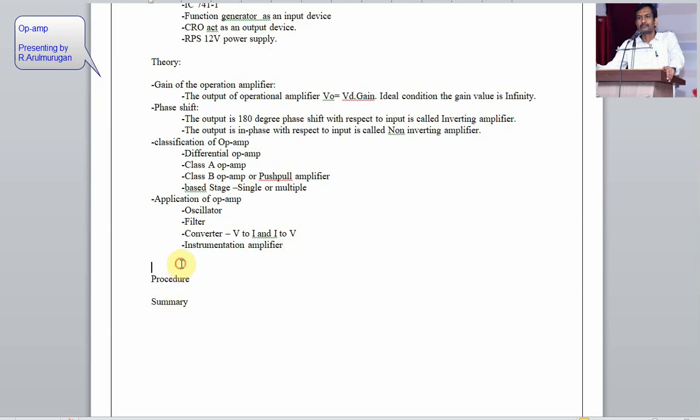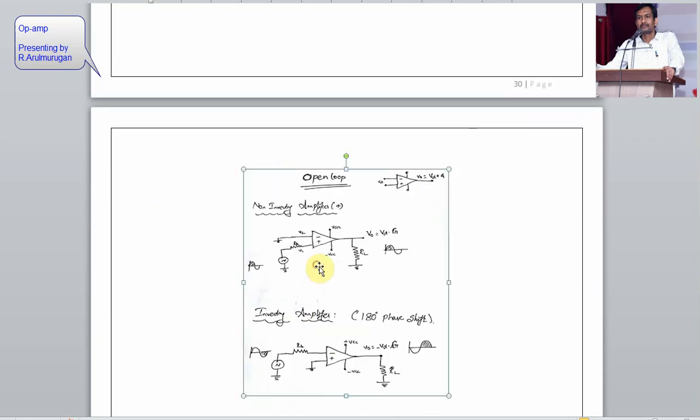Then circuit diagrams. So this is about the open loop system. What is an open loop system? Output is not connected to the input.